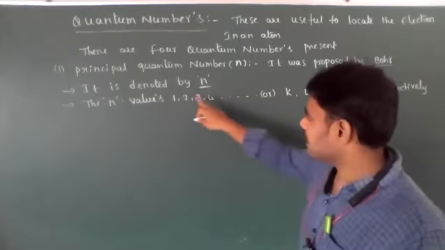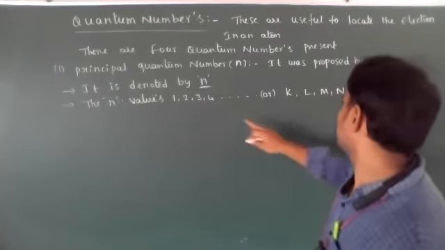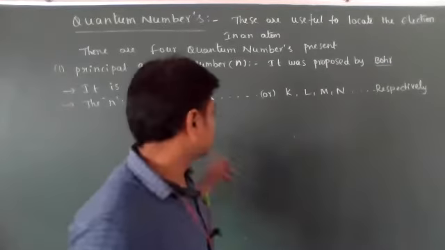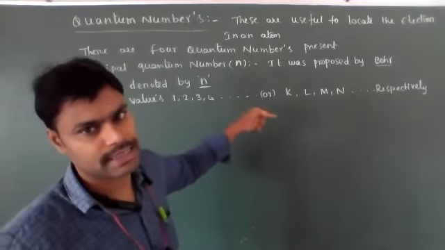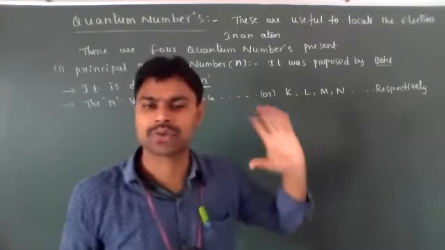For the L shell, n value is 2. For the M shell, n value is 3. For the N shell, n value is 4. These are represented by capital letters K, L, M, N.